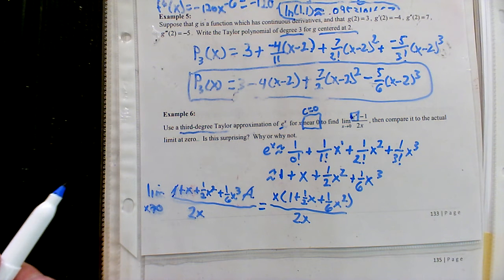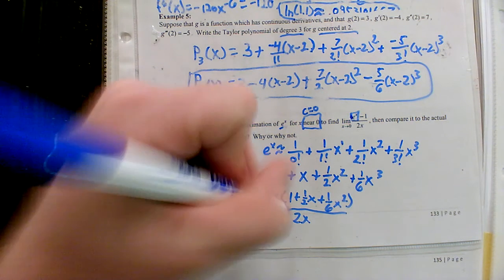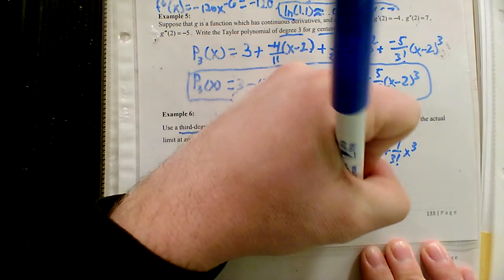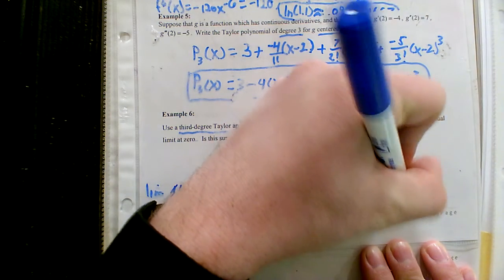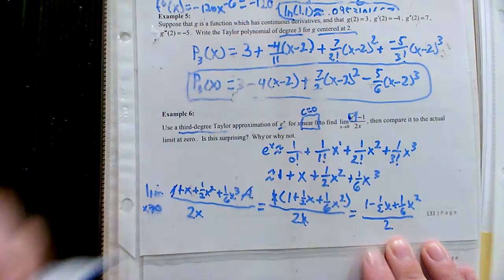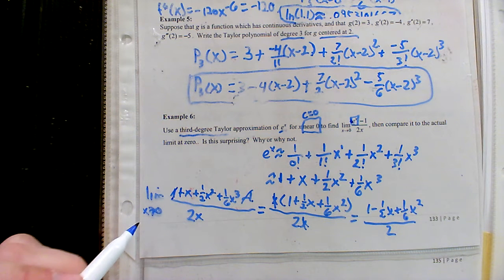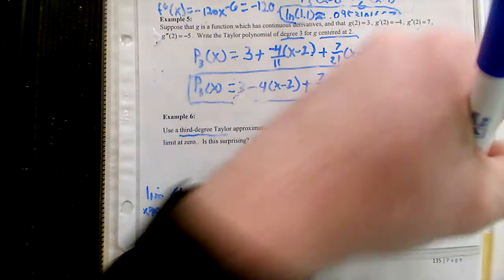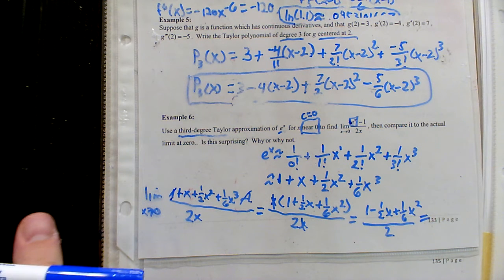Good so far? Alright, what else can happen now to simplify? X's can cancel. Okay. Now we want to take the limit as x goes to 0. As x goes to 0, what's the limit?